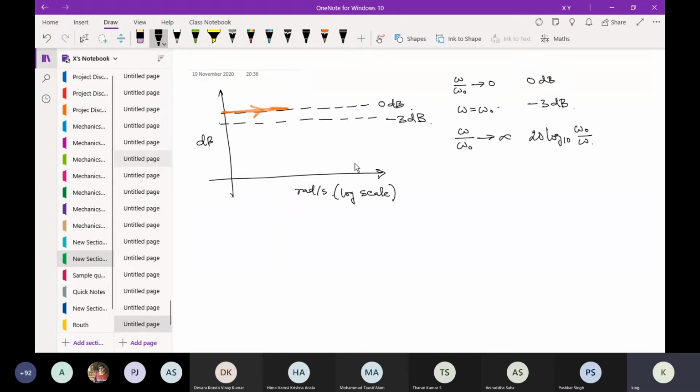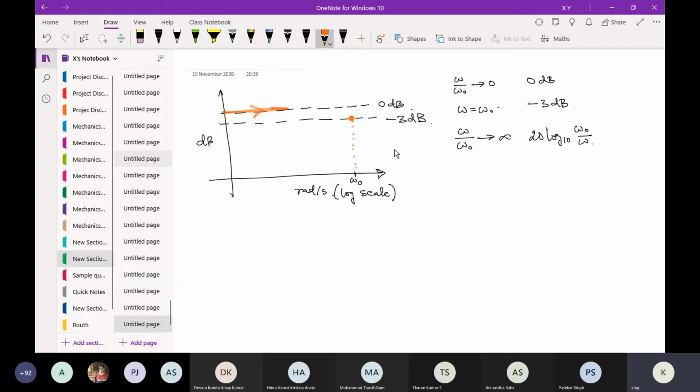So if we have that sort of a scenario, then what is the other data that we have? Somewhere out here I have my omega 0, and I do know that I have a point on my graph out here.